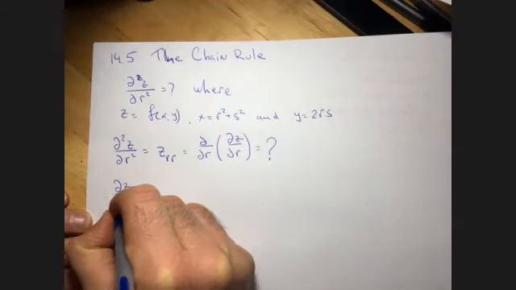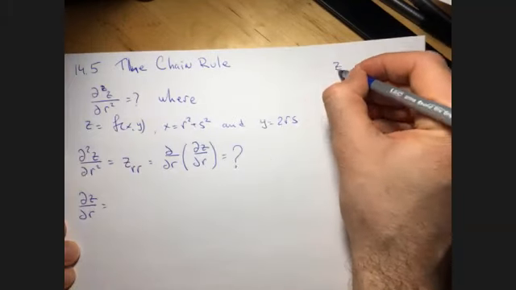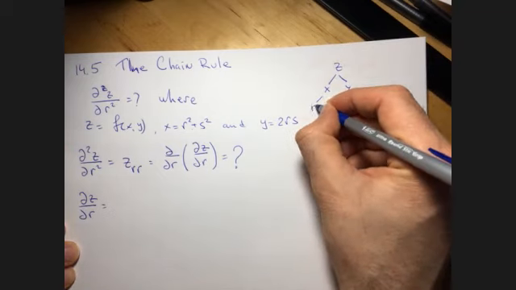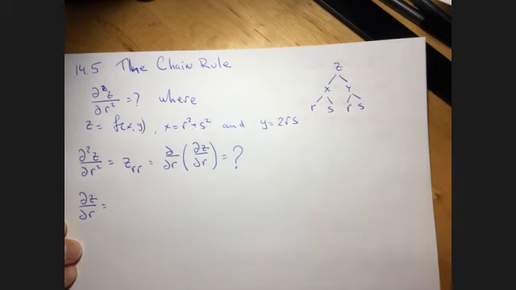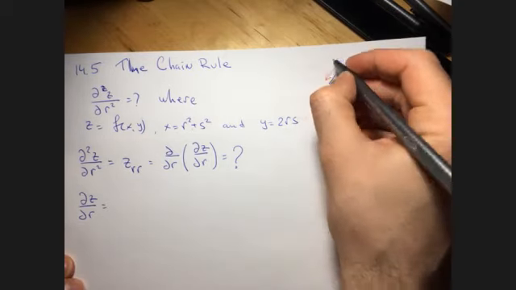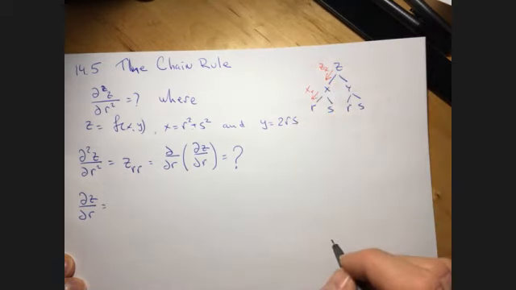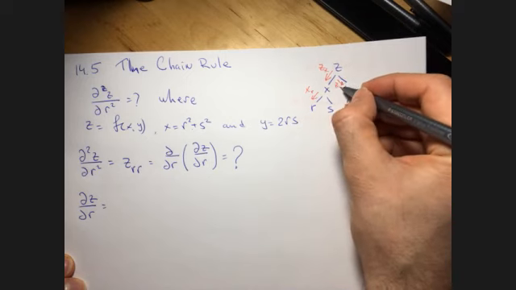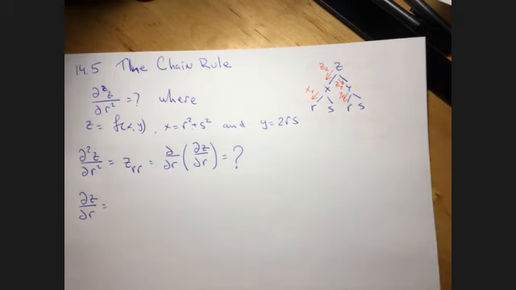Partial z partial r is equal to, so one more time, z depends on x and y, x depends on r and s, and y depends on r and s. So to get from z to r, I need to do partial z partial x partial x partial r plus partial z partial y partial y partial r.